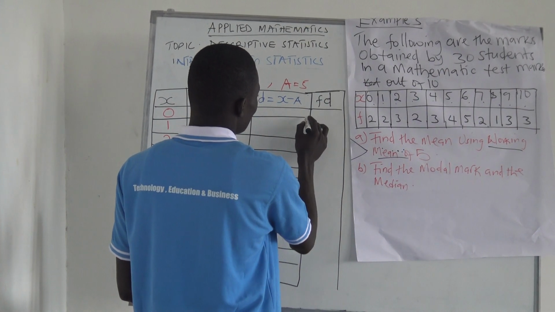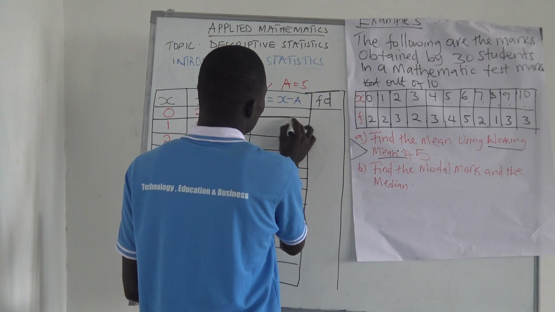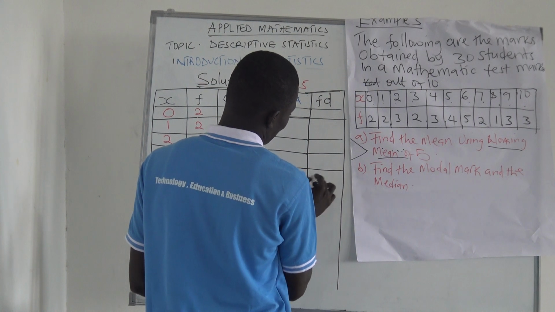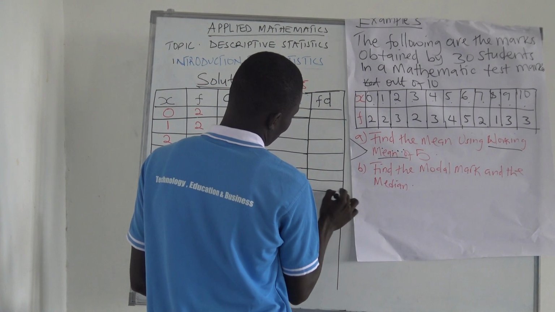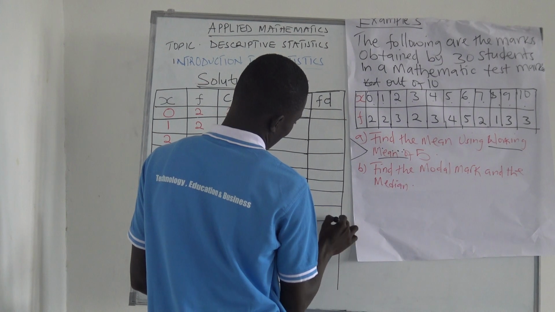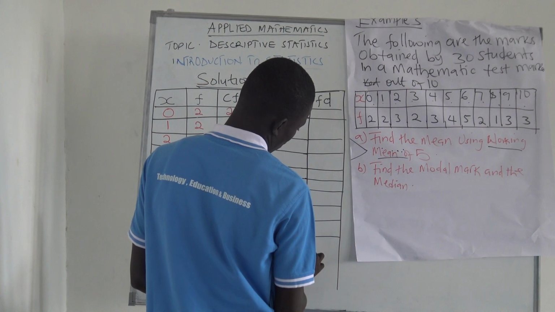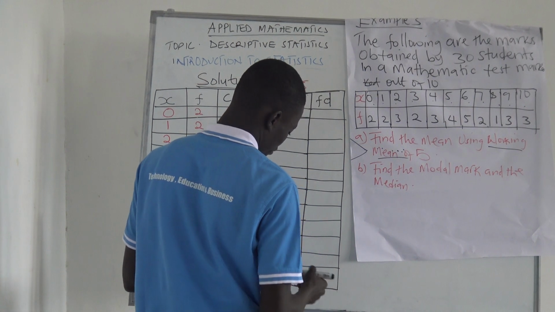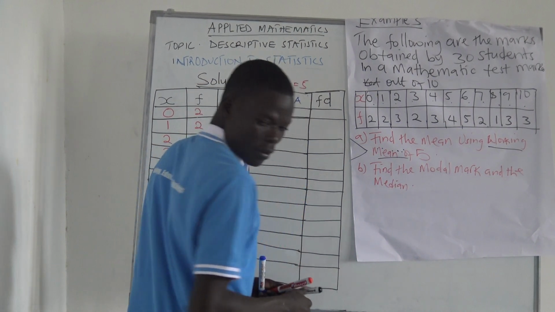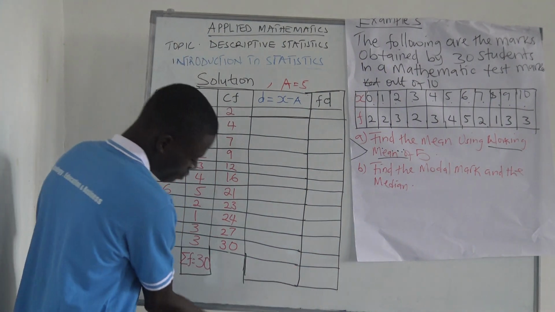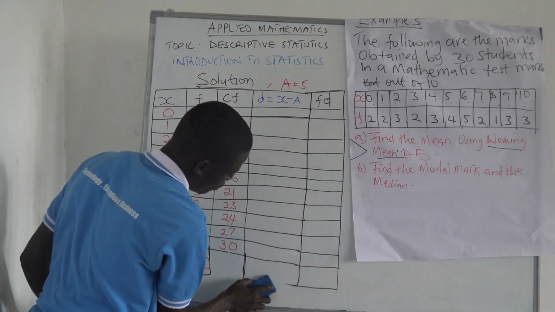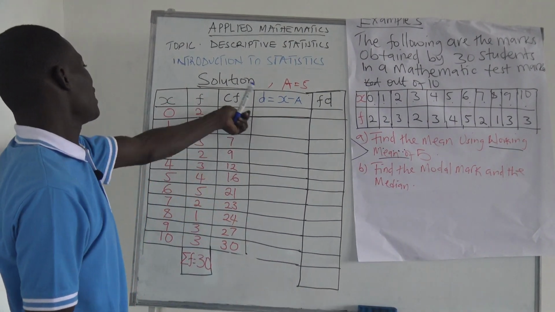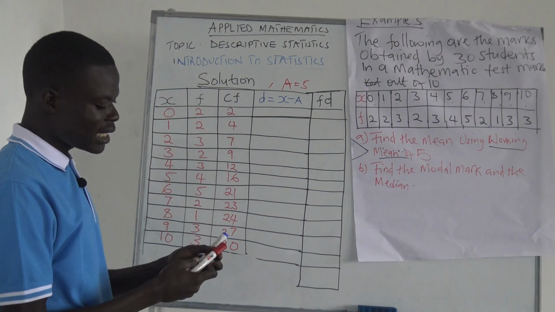This is the only column which is missing, FD. So we say D is given by X minus A, but A is 5.